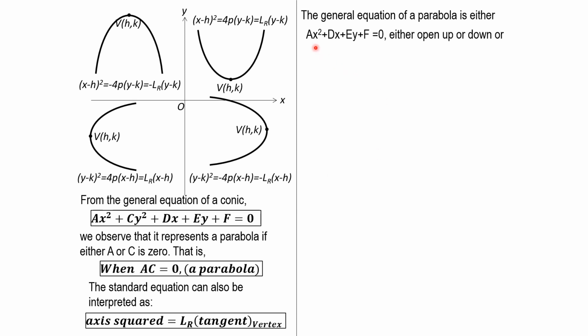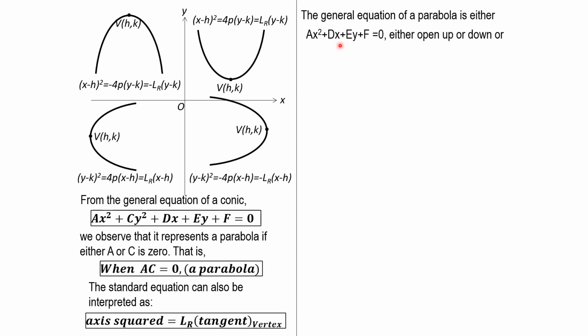Specifically, this is open upward if the coefficient of y is negative in this general form, so that when we transform it to the right, it becomes positive. And of course, the coefficient of x squared is imagined to be always positive. But you may not consider that.